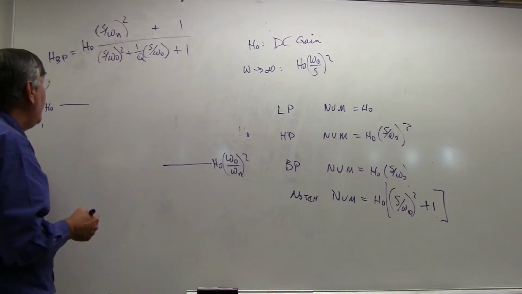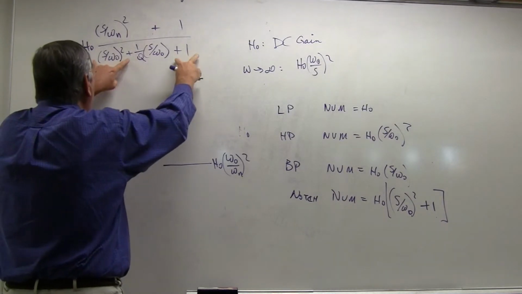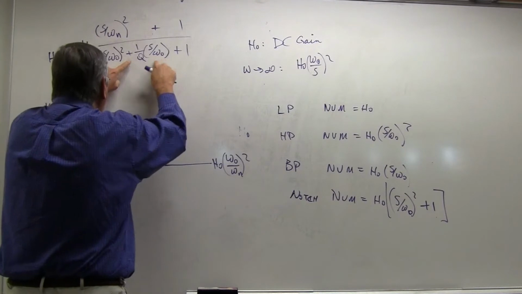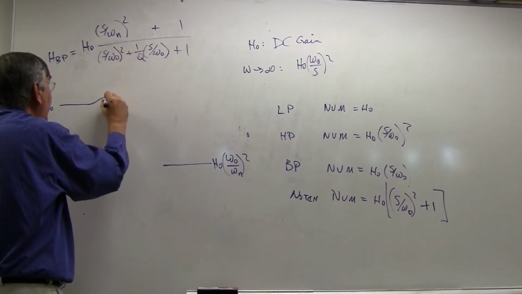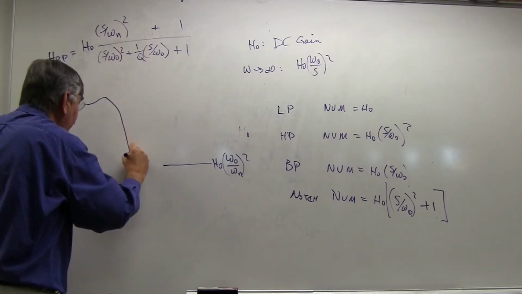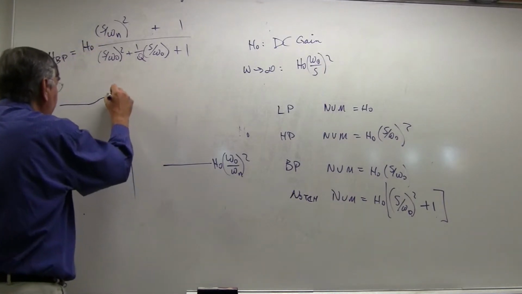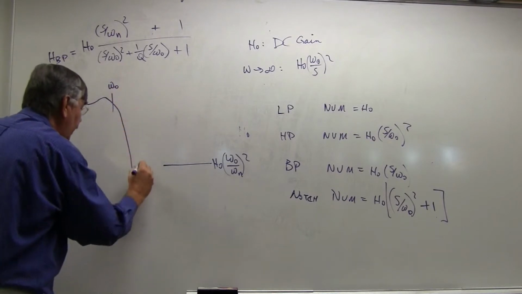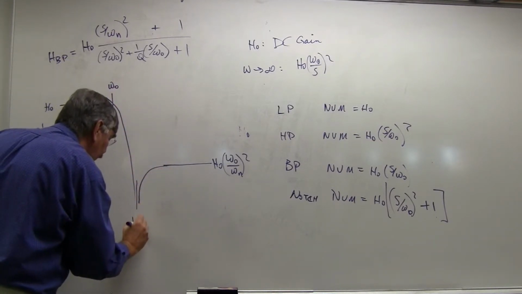But what happens is, as we get close to s equals j omega naught, these two terms cancel, and this thing maybe undergoes some peaking depending on the value of Q. And then at some frequency, this thing has to really go fast now because it's headed to minus infinity as it approaches omega naught. So somewhere out in here is the frequency omega naught, and out here is the frequency associated with the notch, omega sub n.